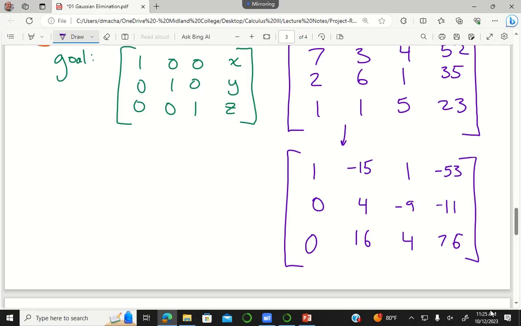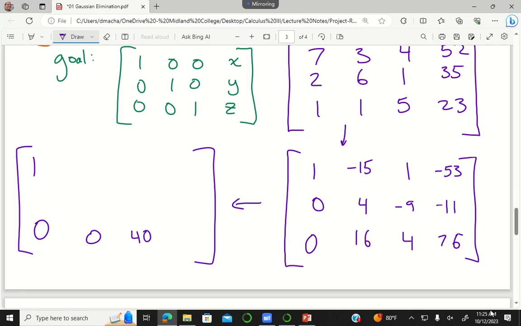To make that 16 into a 0, I'll subtract 4 times the second row from the third row. That's a good idea. So just third row minus 4 times the second row. 0 minus 4 times 0 is 0. 16 minus 4 times 4 is 0. 4 minus 4 times negative 9 is 40.